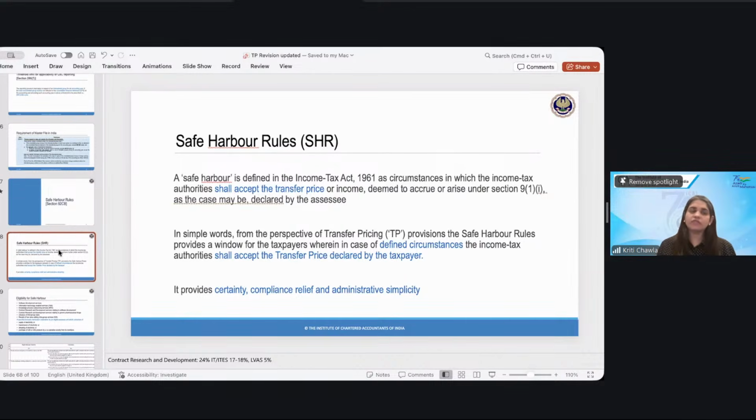So from the perspective of transfer pricing provisions, the safe harbor provides a window for the taxpayers, wherein in case of defined circumstances, the income tax authorities will accept the transfer price which is declared by the taxpayer. So it obviously provides certainty, it provides compliance relief, and there is administrative simplicity.